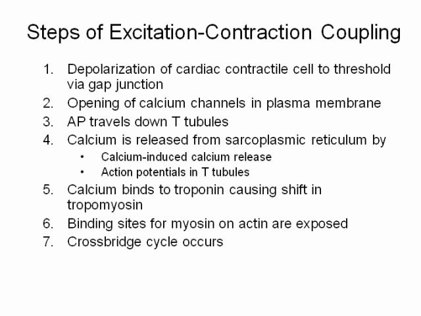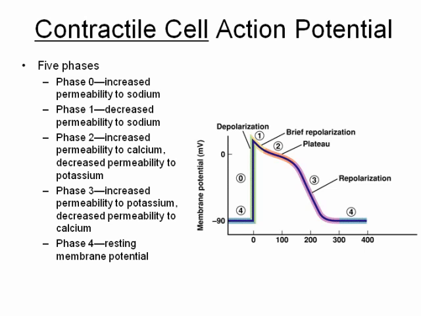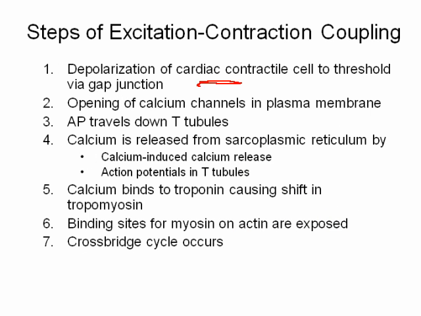All right. So first of all, we have the depolarization of the cardiac contractile cell to threshold. Going back here, depolarization to threshold in a contractile cell. That's going to be causing phase 0 to occur. That's what we're referring to here. This is going to open calcium channels in the plasma membrane of the contractile cell.